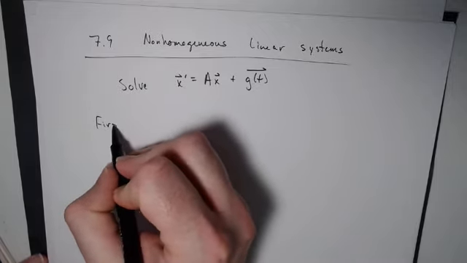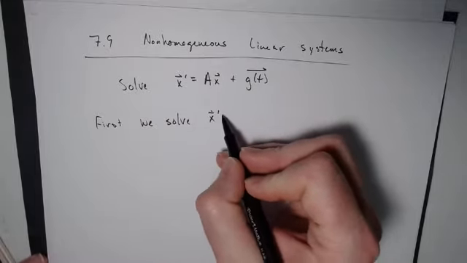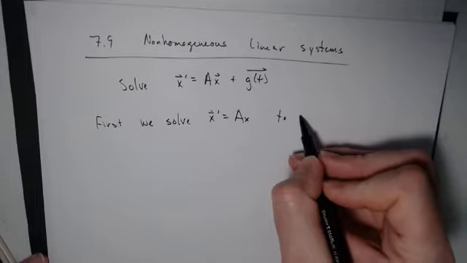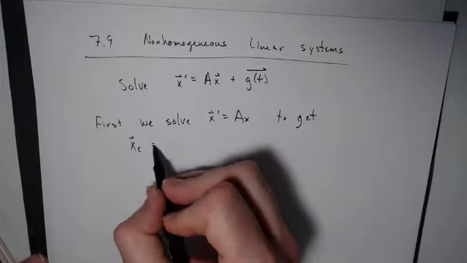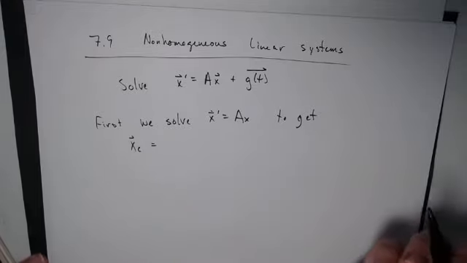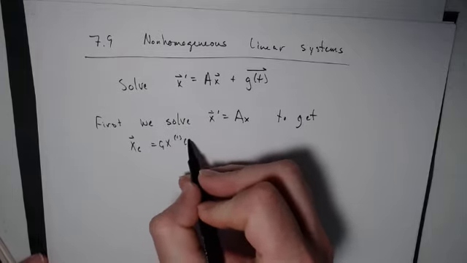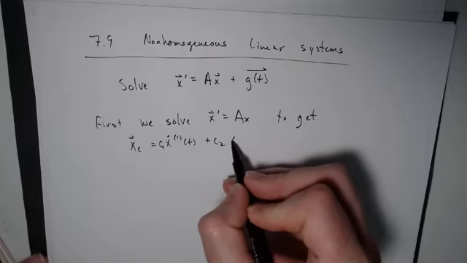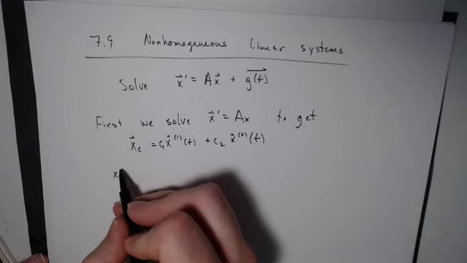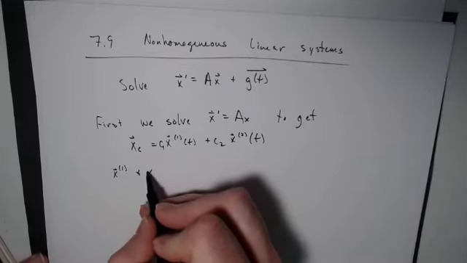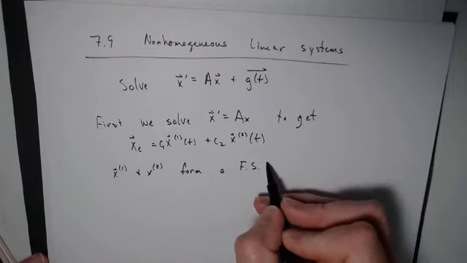First, we solve the homogeneous case to get xc. xc is going to be some combination c1 x1 of t plus c2 x2 of t, and here we're going to say x1 and x2 form a fundamental set of solutions.